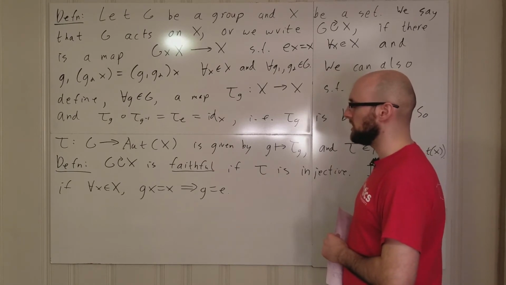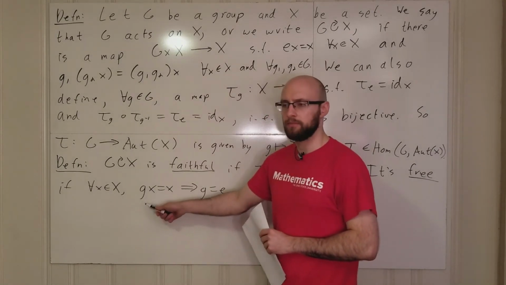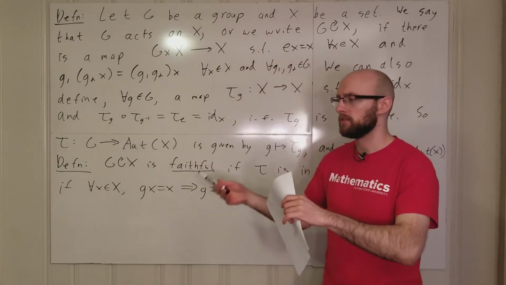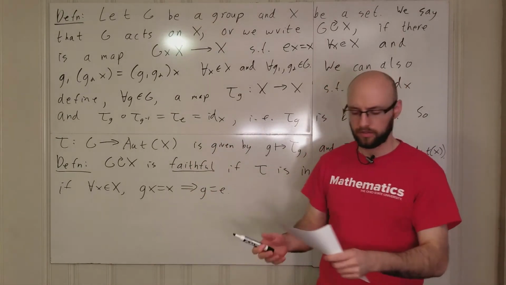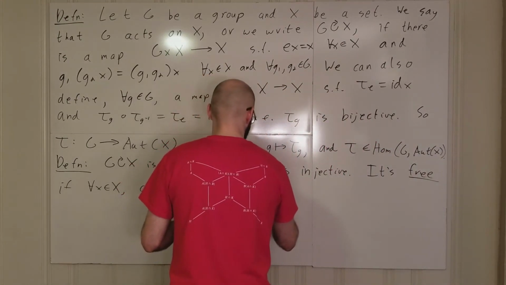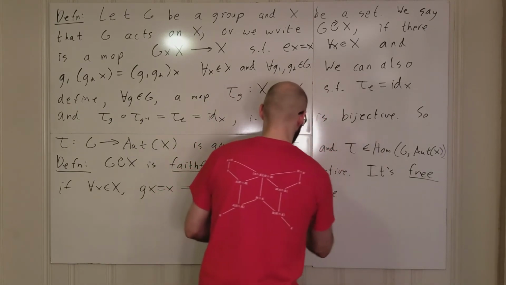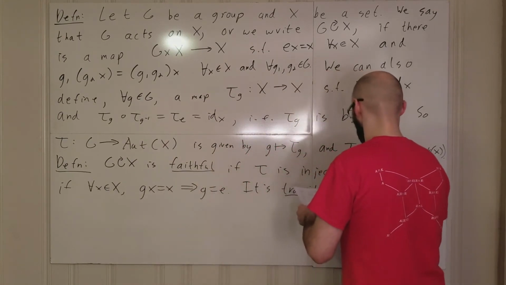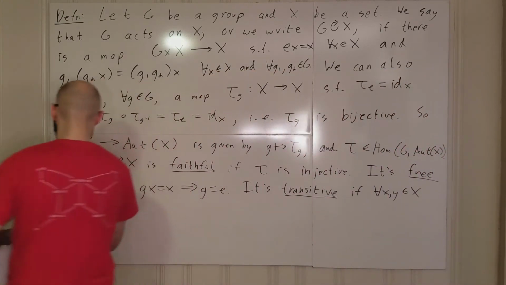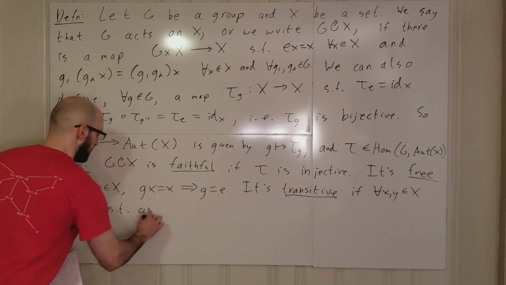Basically, how you could think of this is that if you're looking at an element of G that isn't the identity, then it's going to take everything in X and move it to somewhere new. So that's free. It's transitive if for all x and y in X, there is some g which will take x to y.